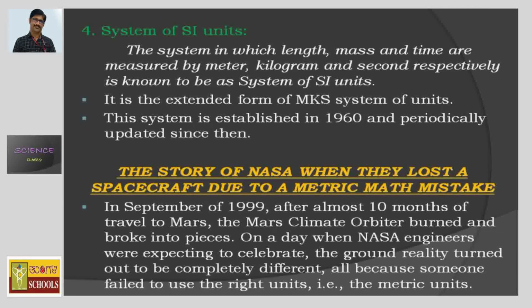This is similar to the MKS system and hence it is called the extended form of the MKS system of units. This system was established in the year 1960 and has been periodically updated since then.